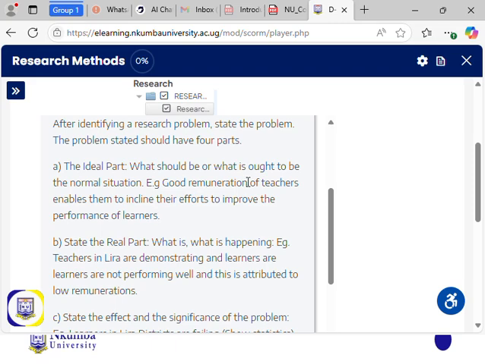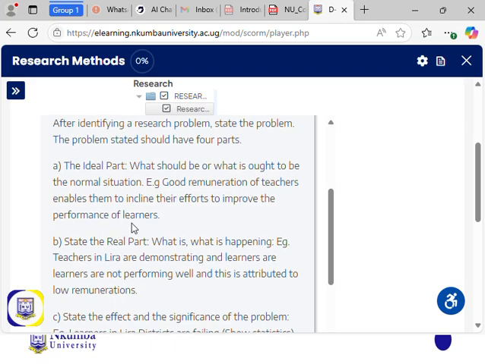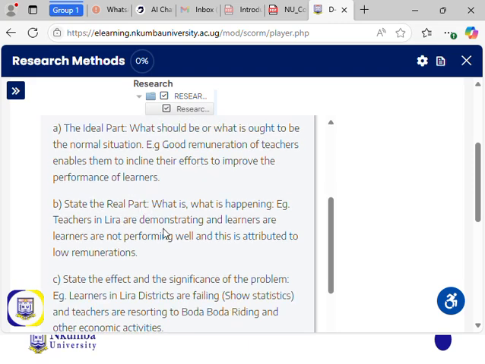That when there is good remuneration, remuneration means pay or salary or even allowances, then the teachers perform, and learners' performance is expected to be high. That's an expectation. But the reality is that teachers in Lira are demonstrating and learners are not performing well.